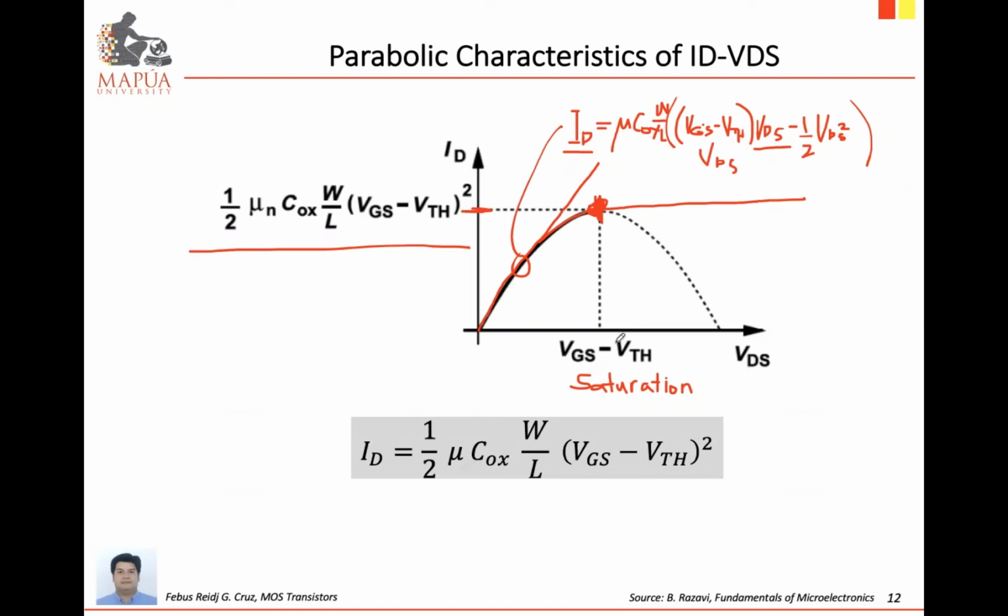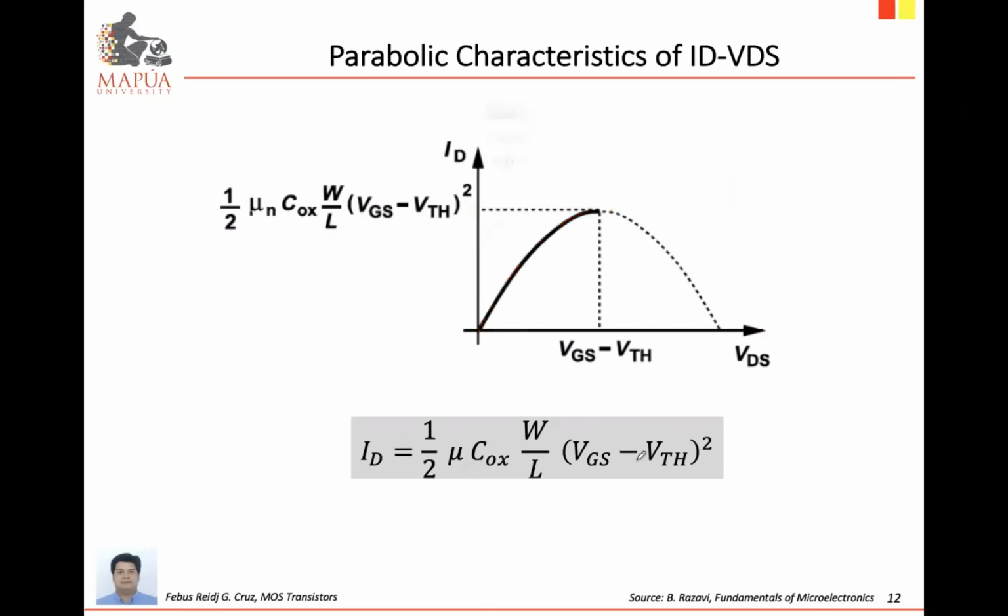So at the saturation point, ID is equal to 1/2 times the mobility of carriers times the oxide capacitance multiplied by the transistor size, that is width over length, multiplied by the square of VGS minus VTH. Okay, again, is this clear? Yes po. Okay, thank you.